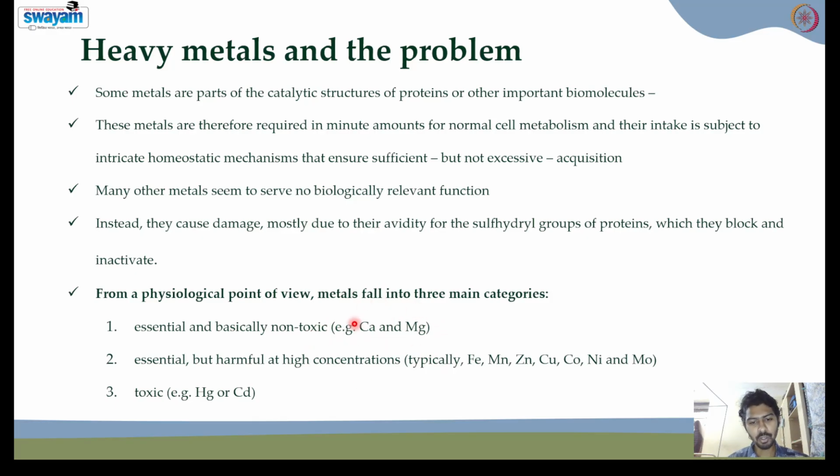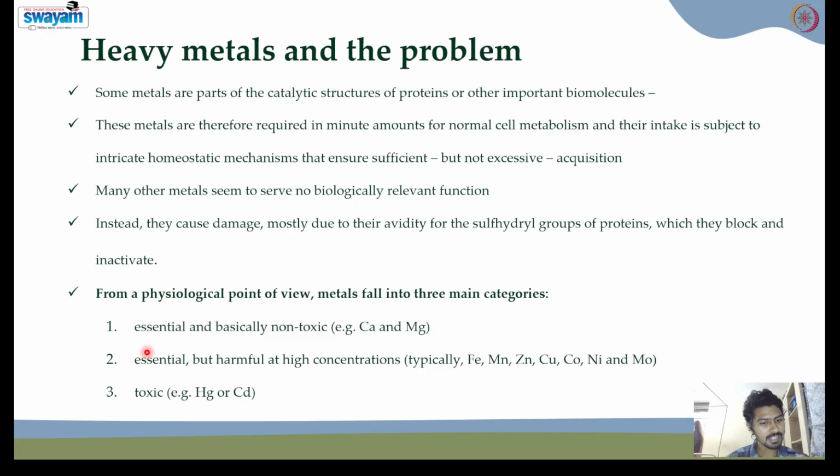These are micronutrients essential for the growth of microorganisms. Calcium helps in stabilizing the cell wall of the microorganism, whereas magnesium stabilizes the ribosome, the cell's protein factories. So there are some metals which are essential and basically non-toxic to some extent.